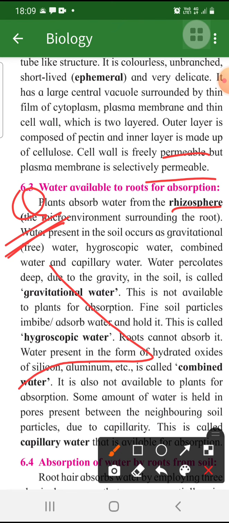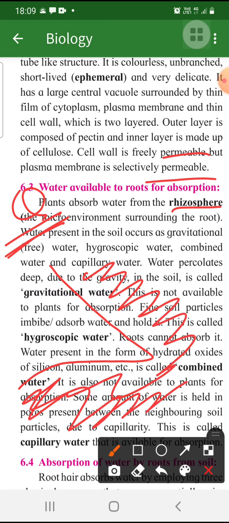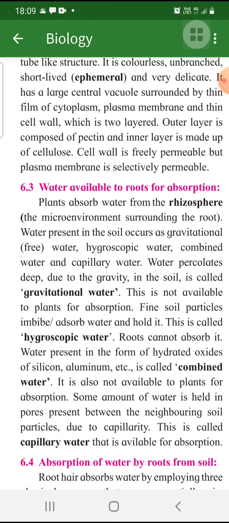If this is a root, the area around the root is called the rhizosphere, right? You have heard of lithosphere, hydrosphere. So this is a small area. Rhizosphere is the surrounding micro environment around the root. So the name should be remembered, rhizosphere, right?